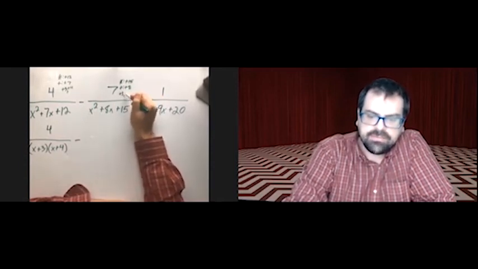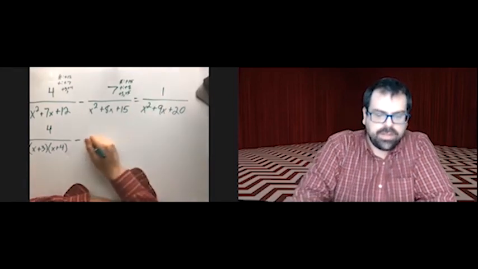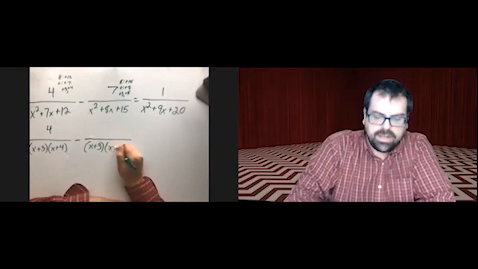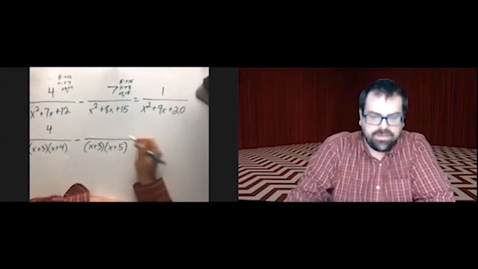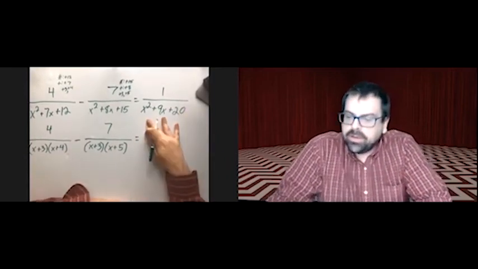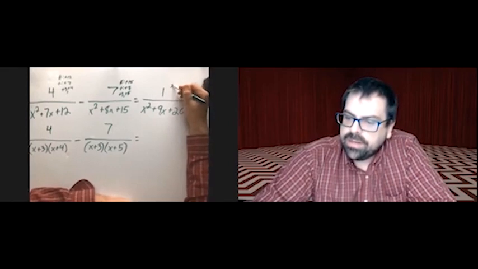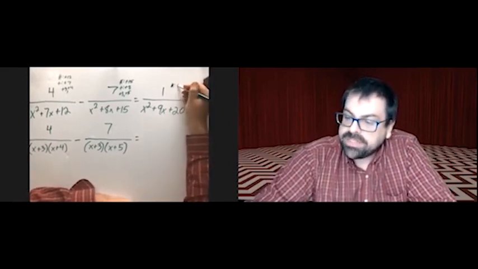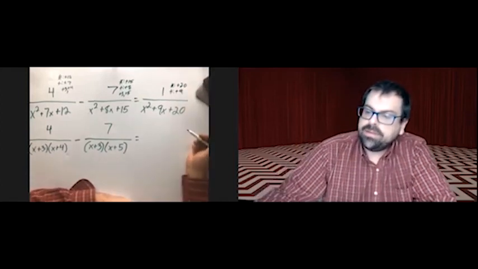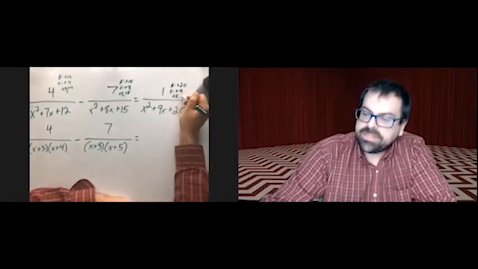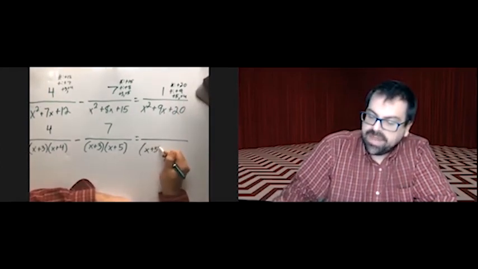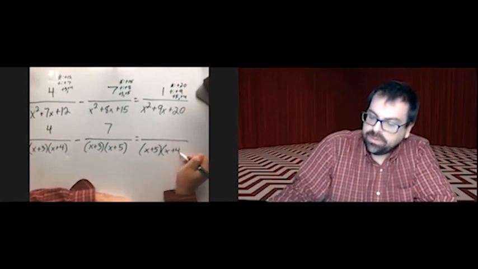These are plus 3 and plus 5. So this factors to x plus 3, x plus 5. And here we need numbers that multiply to positive 20 and add to positive 9. These are plus 5 and plus 4. This factors to x plus 5 times x plus 4.